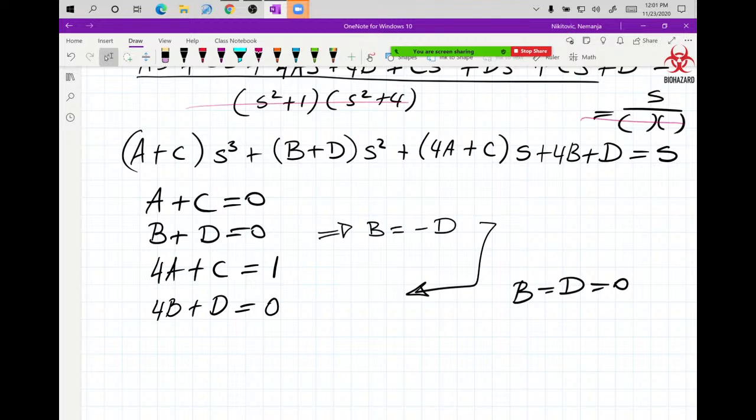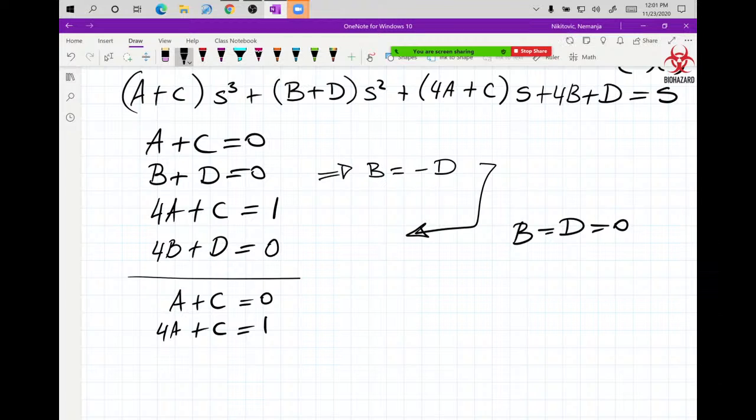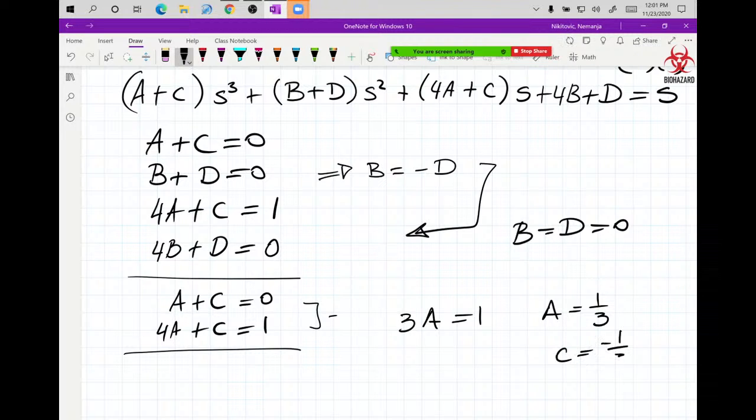So once you figure that out, you are left with a plus c equals 0 and 4a plus c equals 1. Now, when you subtract these two equations, you get 3a equals 1. A is 1/3. And if a is 1/3, then c better be negative 1/3 so they can add to 0 from the first equation. And you also have your b and d are 0.